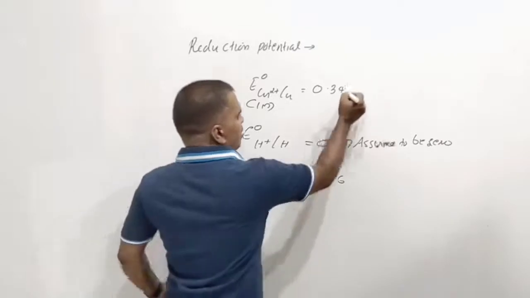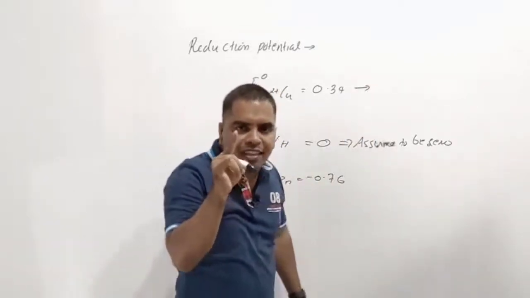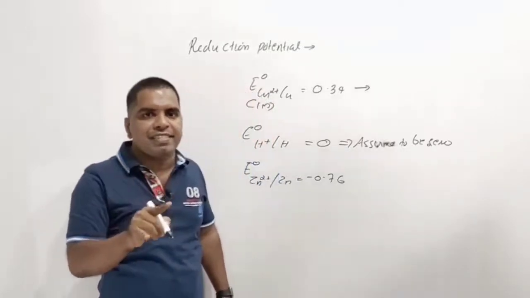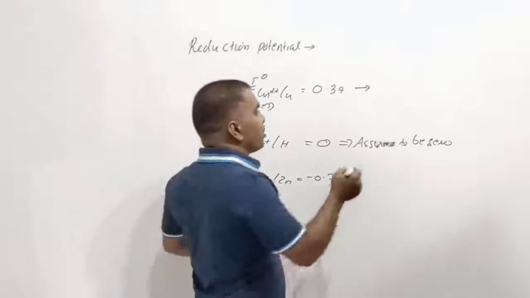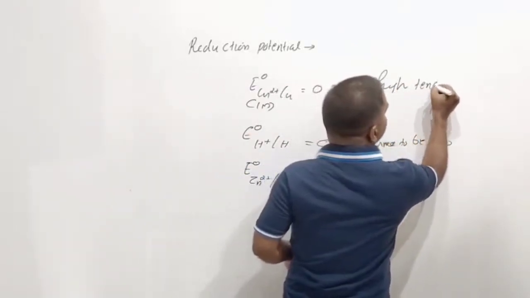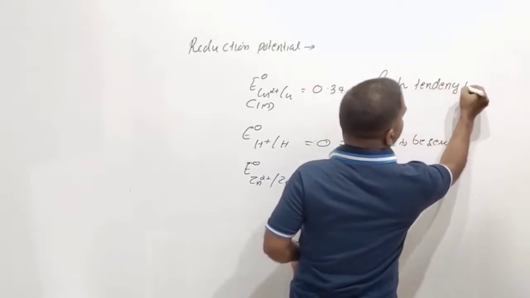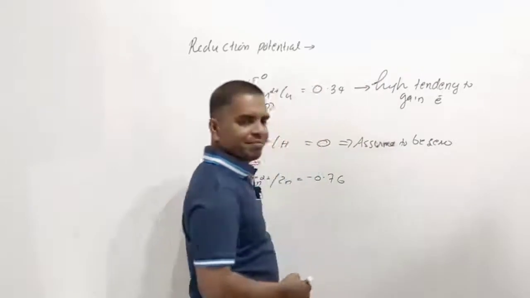Listen, a metal or half cell with a positive standard reduction potential value means that half cell has a high tendency to gain electrons compared to hydrogen.